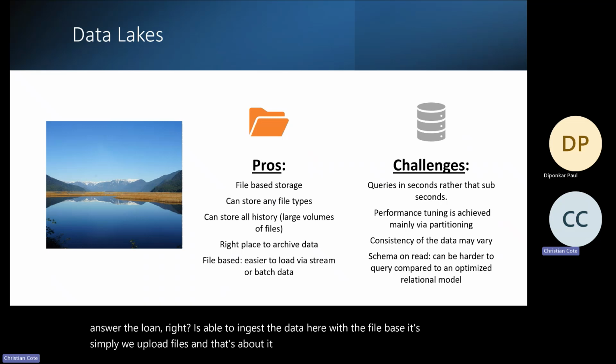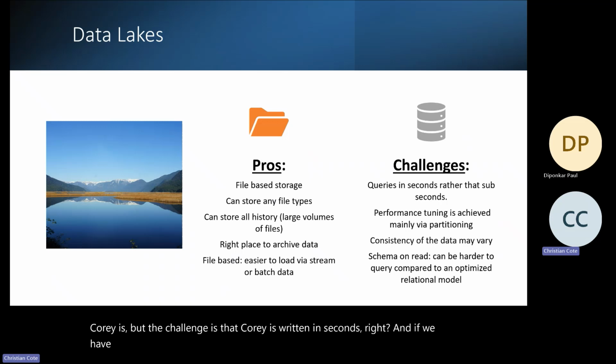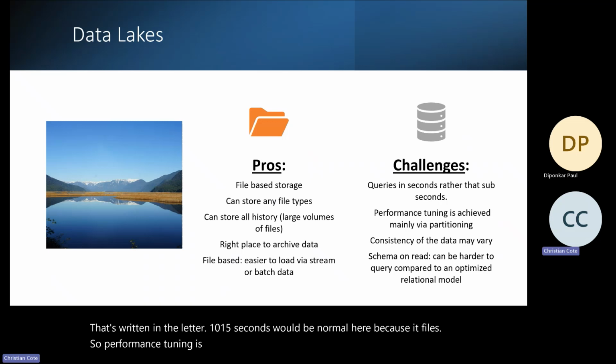So it's very easy. Queries, though, the challenge is that queries return in seconds, right? If we have a big query on a lot of data here, returning in, let's say, 10, 15 seconds would be normal because it's files. Performance tuning is achieved via partitioning, so we don't have indexes.